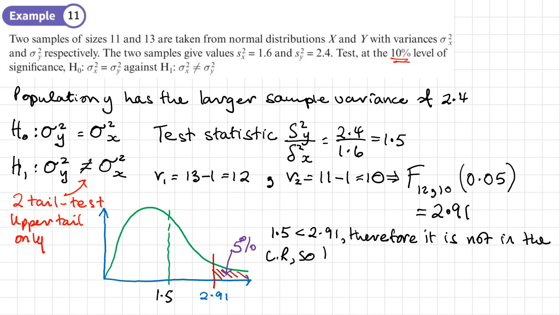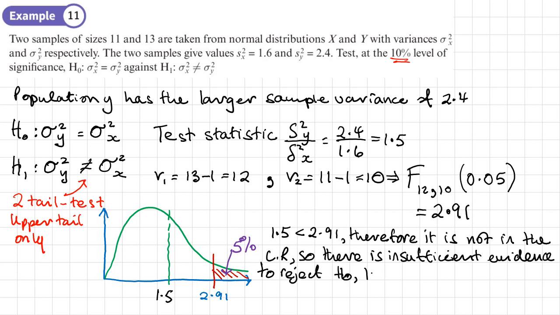So there is insufficient evidence to reject H0, therefore, the variances are equal.